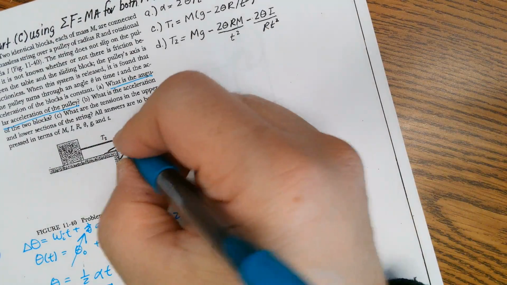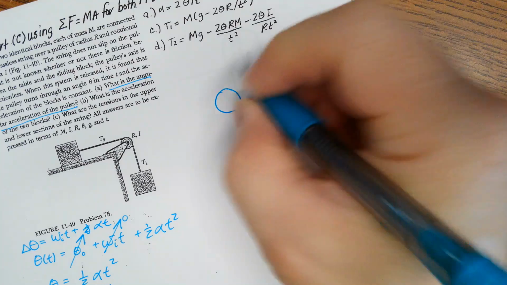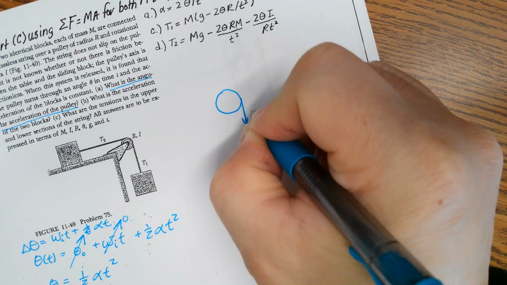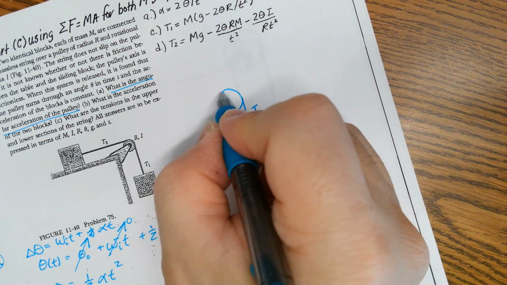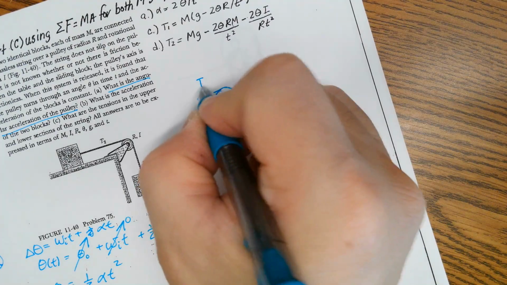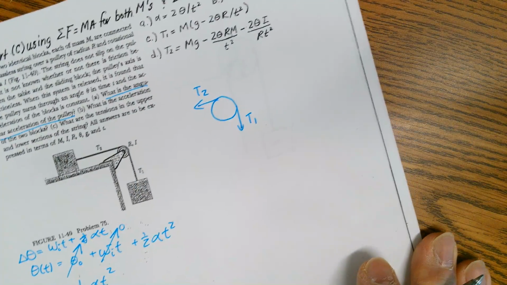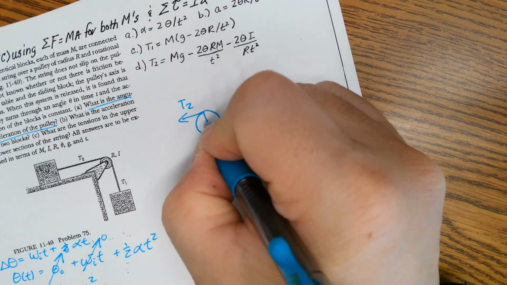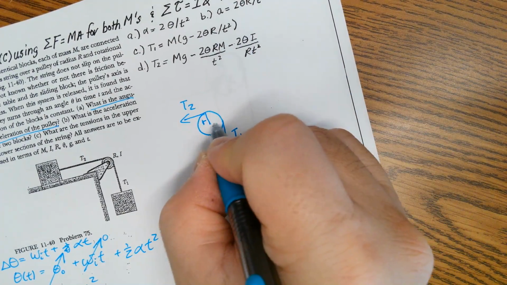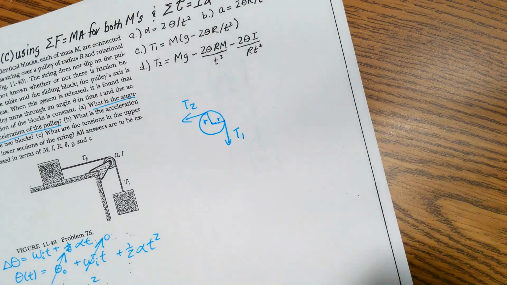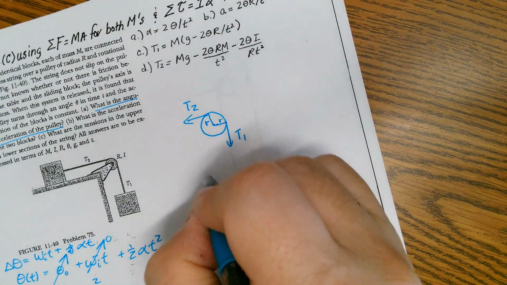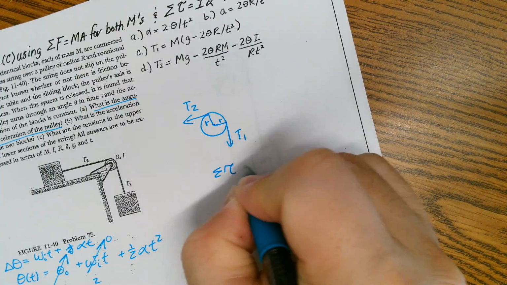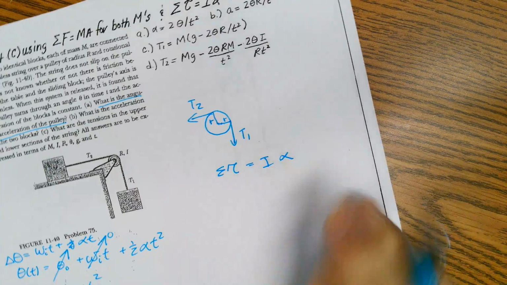So if we look at this, there's T1, and then there's T2, and there's torque caused by these at R and R. The sum of all torque is equal to I alpha.